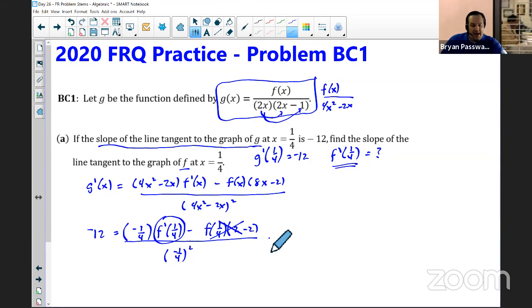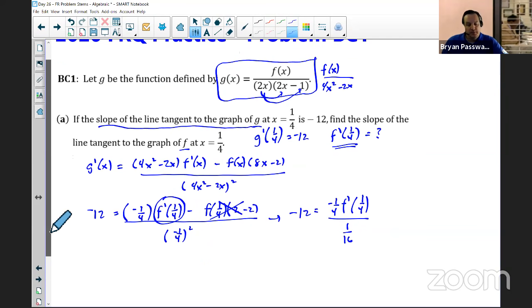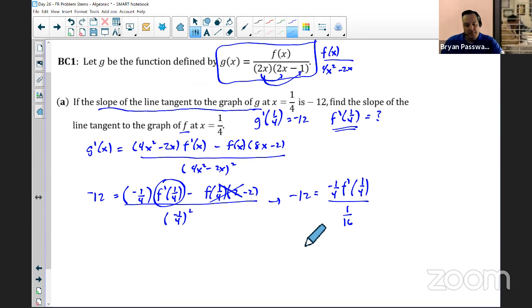So really all we're going to have is this -12 equals -1/4 f prime of 1/4 over -1/4 quantity squared becomes 1/16. And if I wanted to simplify this problem a little bit, I can just multiply the top and the bottom of this fraction here by 16 to get rid of this complex fraction, and we get -4 f prime of 1/4.